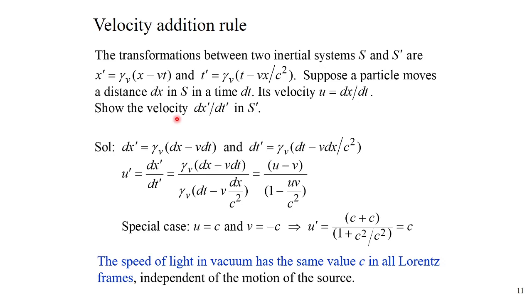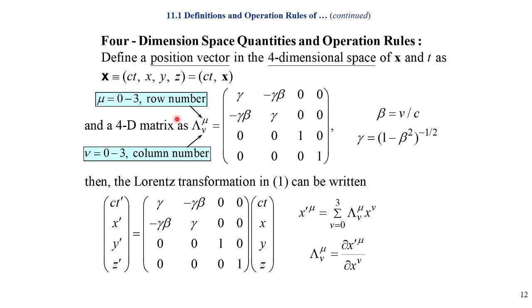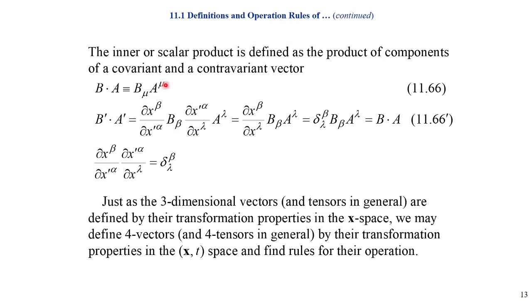Okay, maybe I should stop here. Next time, I will give you the four-dimensional space quantities and operation rules in more detail. We will write it again, and we will show something that looks like an inner product. That's three-dimensional.